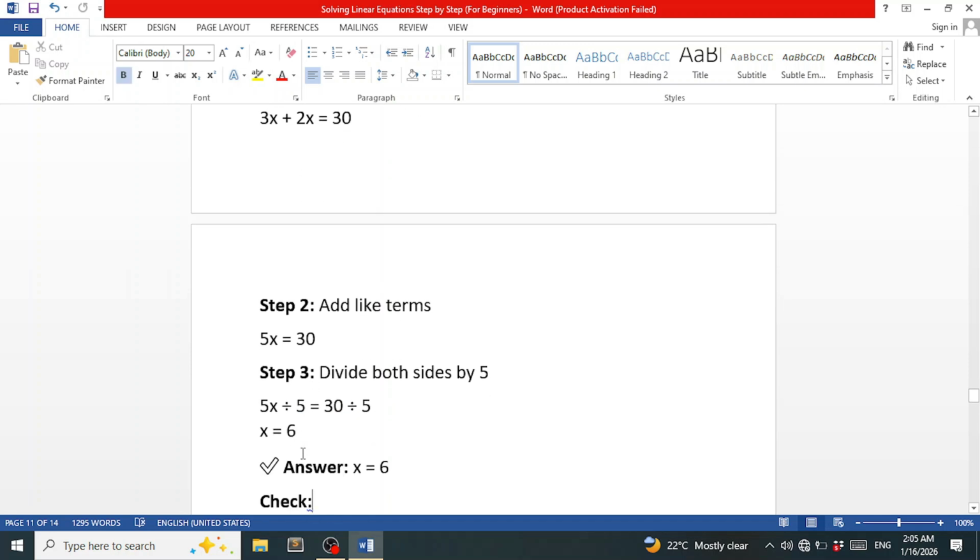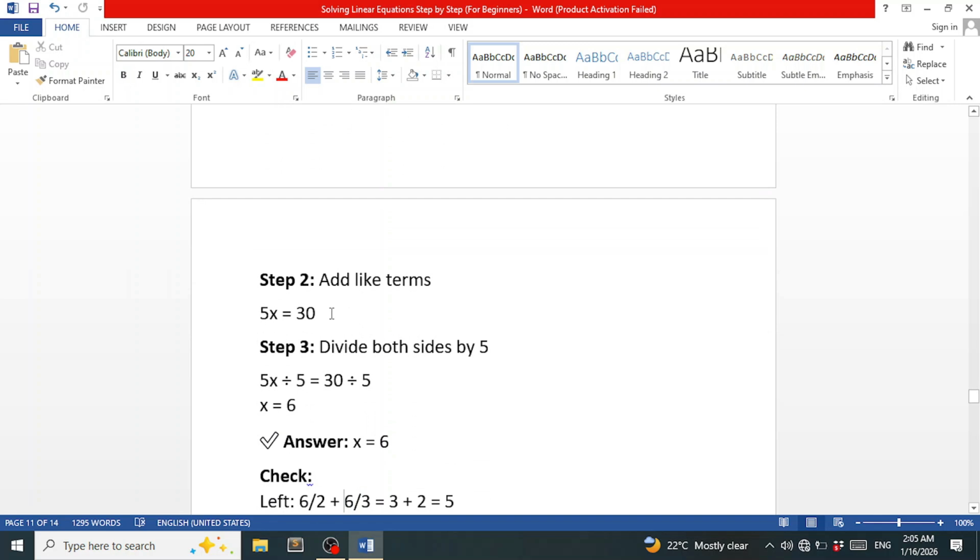Then to find the value of x, we're gonna go for step 3. Divide both sides by this number, which is 5. So 5x divided by 5 equals 30 divided by 5. 5x divided by this 5, we have 1x, equals 30 divided by 5.